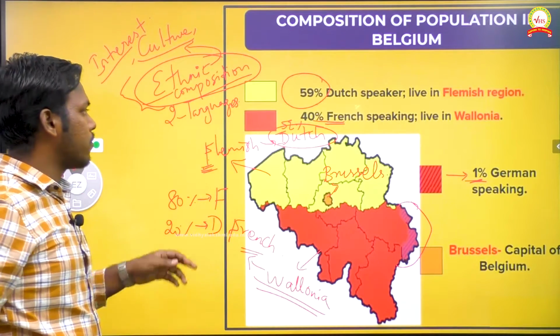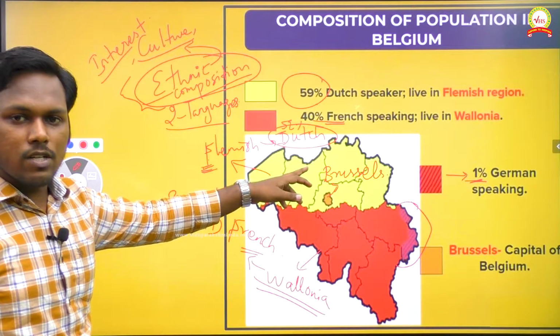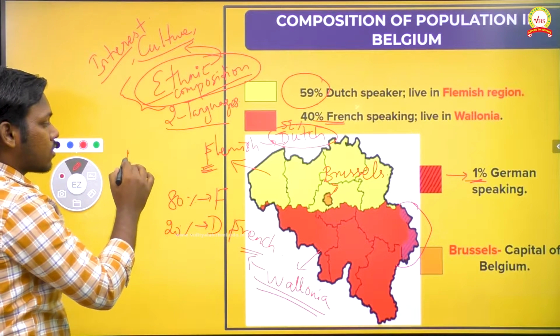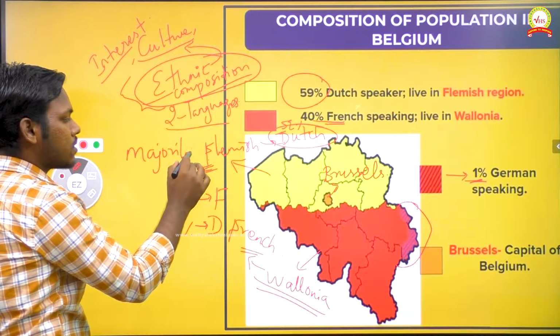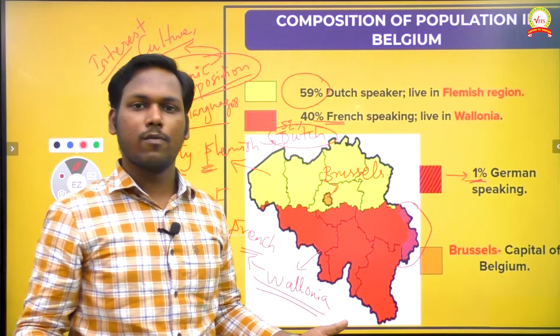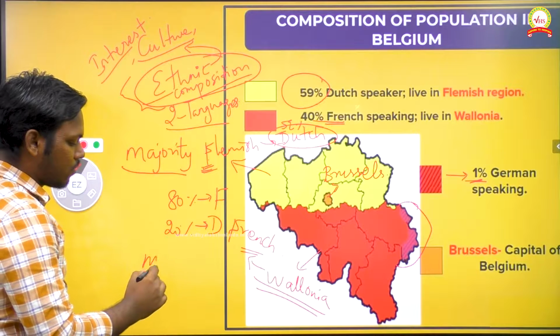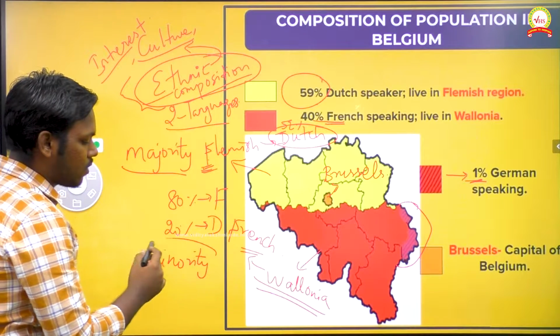I told you before, there are just two languages spoken: one is Dutch and the other is French. Here, the moment you hear the word majority, what do you mean by majority? The one who is large in count. Very simple. In terms of minority, minority is nothing but those who are less in count.